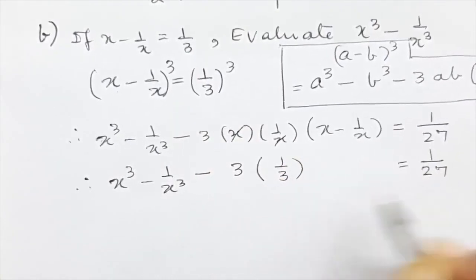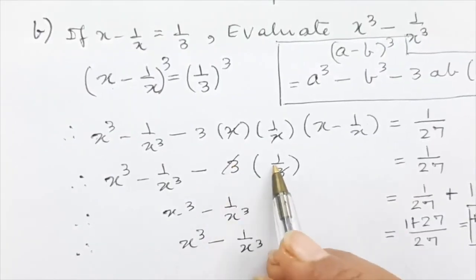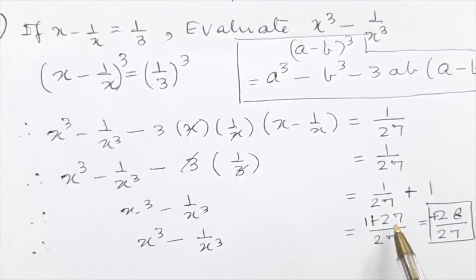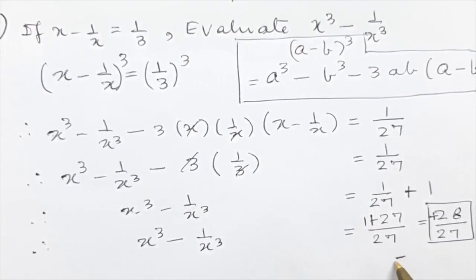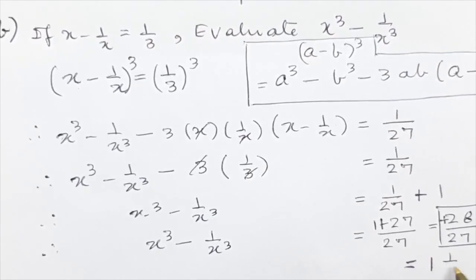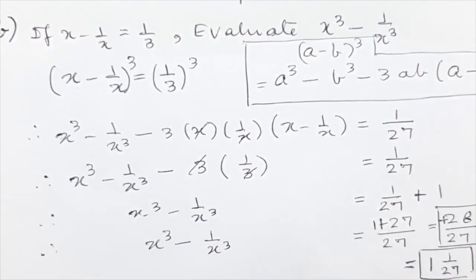As you can see, we have this minus 1 transferred this side. You will have 1 plus 27 in the numerator. That gives us 28 upon 27, which is the answer, but we will write it as 1 and 1 upon 27. We convert it into a mixed fraction and we write it as our answer.